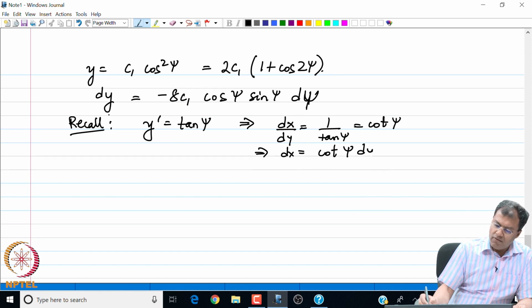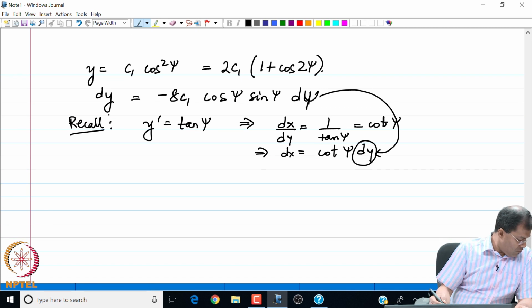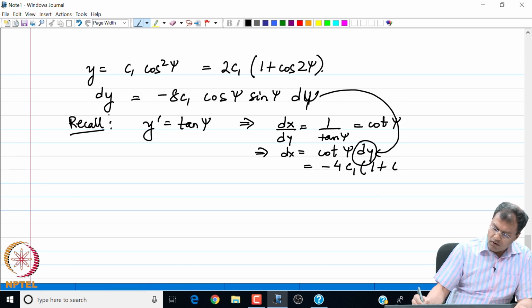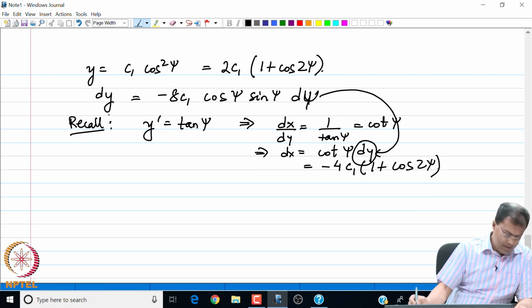So dx is equal to cot psi times dy, and the next step will involve explicitly substituting this element dy with the expression above, and then integrating with respect to psi. To finally get that, let me rewrite now after substituting this expression. First we get that dx is negative C1 times (1 plus cos 2 psi) d psi.